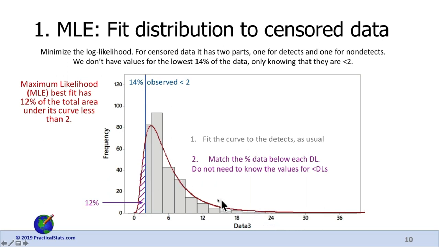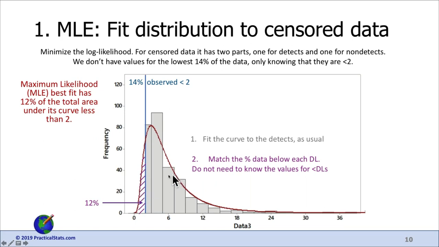And when we fit the distribution by MLE, we're going to fit this with two pieces of information. One, how well can I fit the detected values? So going through the bars on the histogram, how well can I match that? And two, how well can I match the proportion of the data set that ends up to the left of 2?